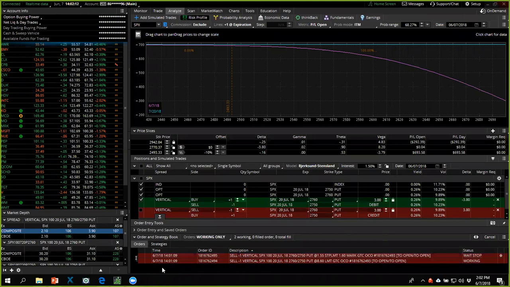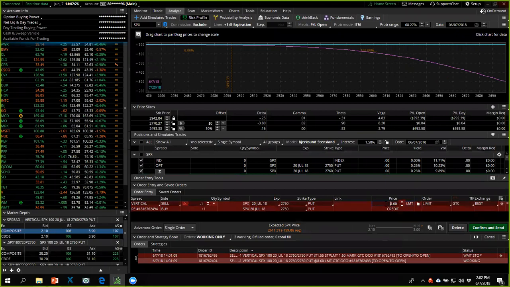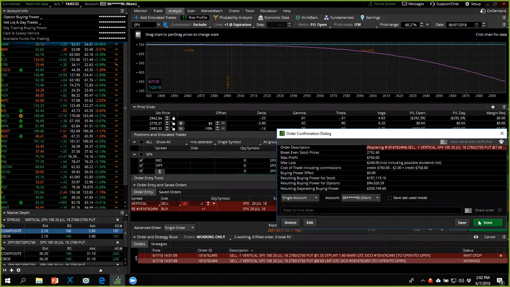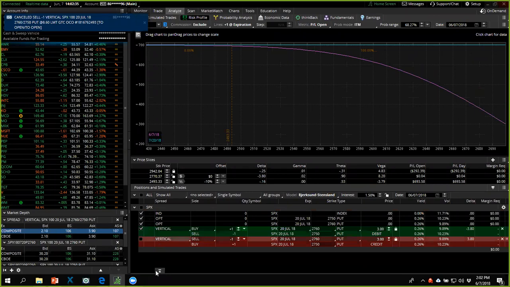Now, if you decide I want to get out before it's $8.60, I want to get out at $7.60, you can right button on that and say cancel replace order and put in your new price, and you can say confirm and send, and it should figure that out and still have a one cancels the other order.